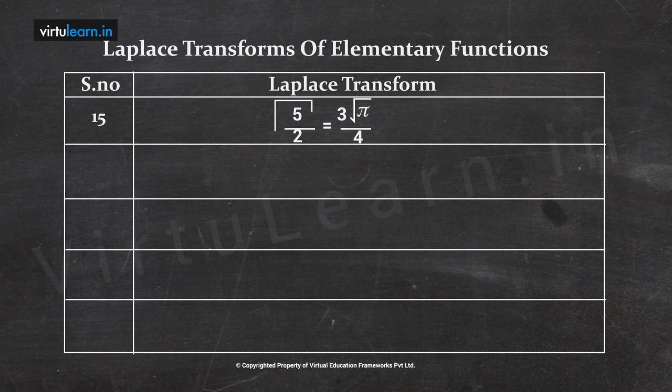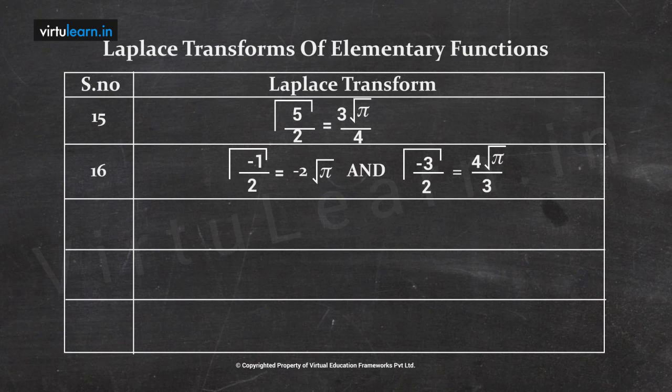Next, gamma 5 by 2 equals 3 root pi by 4. If it is difficult otherwise, you have to remember these values; definitely they will be useful while solving problems. Gamma minus half equals minus 2 root pi. Gamma minus 3 by 2 equals 4 root pi by 3.